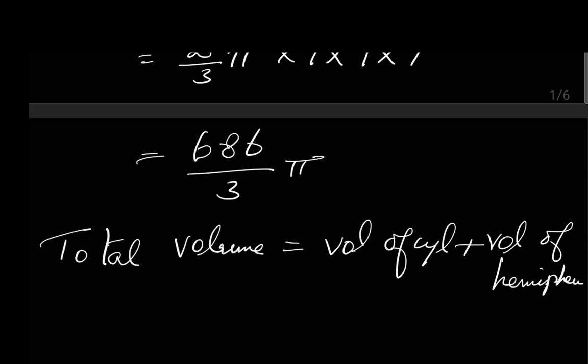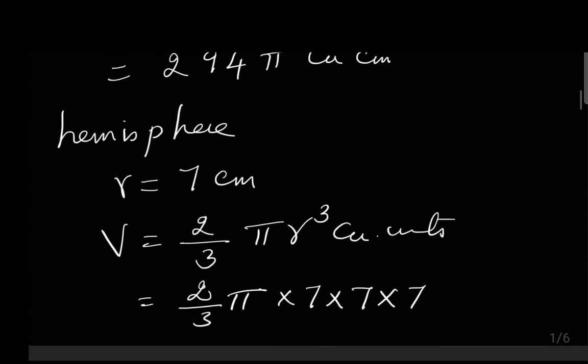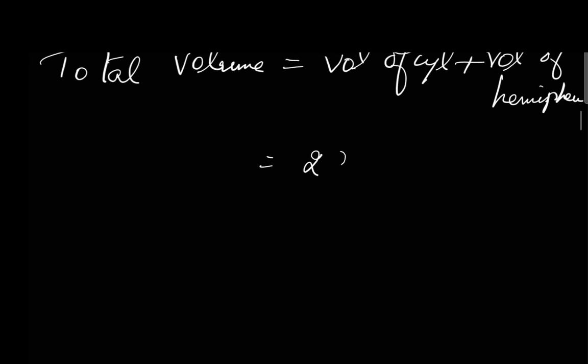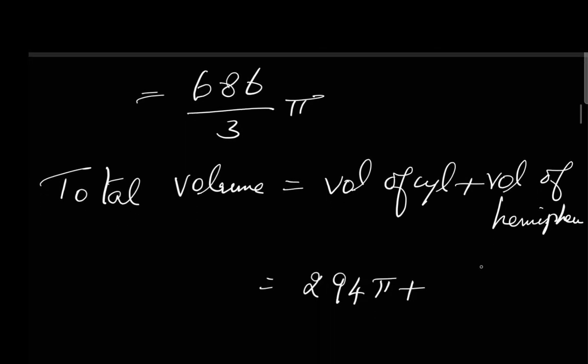How much are you getting? Volume of the cylinder is 294 pi plus this hemisphere is 686 by 3 pi.